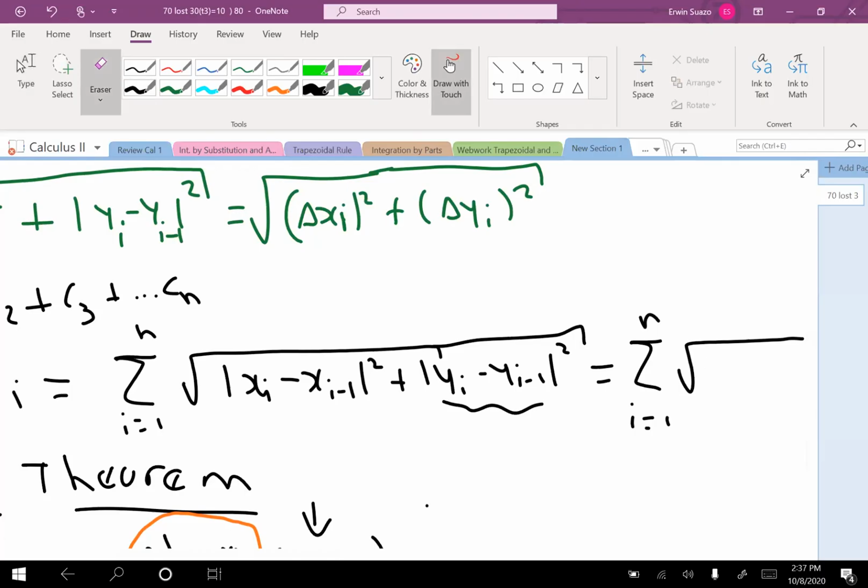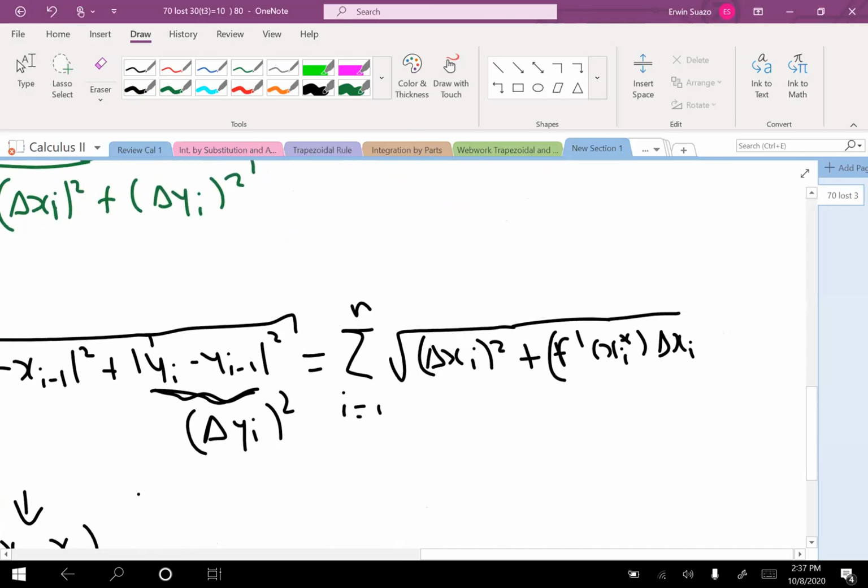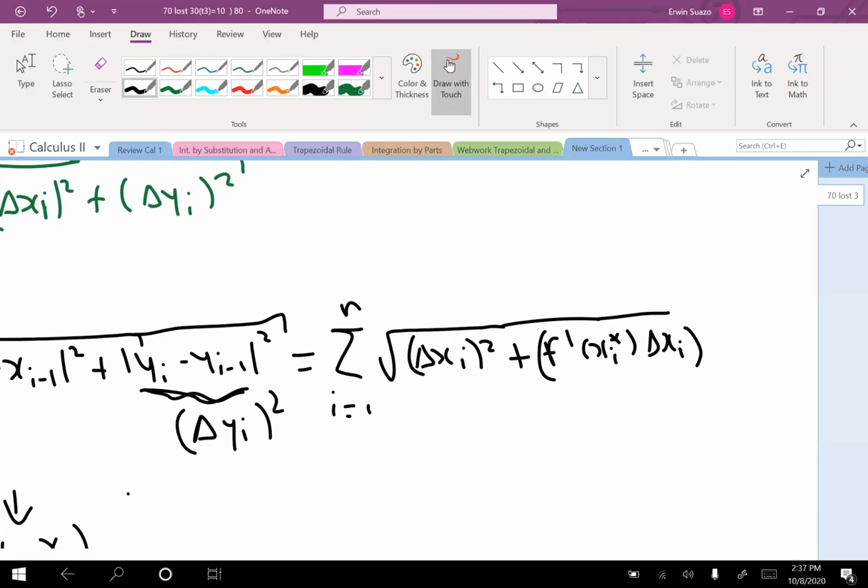It saves time, that's why people use that, because you save a lot of time. And this will be delta y squared. So instead of that, I'm going to write plus f prime of xi star delta xi, and everything is squared. This is a square, and this is a square.